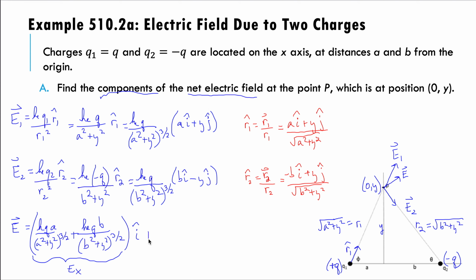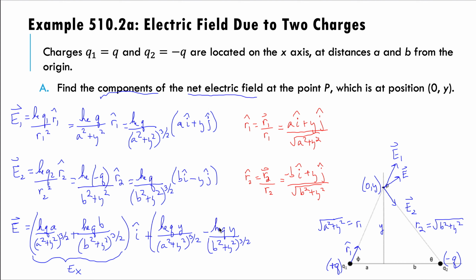And then for the y component, we're going to have k_e Q times y over (a squared plus y squared) to the 3/2, taking this component over here. And then taking the y component from E2, it's going to be minus k_e Q times y over (b squared plus y squared) to the 3/2.